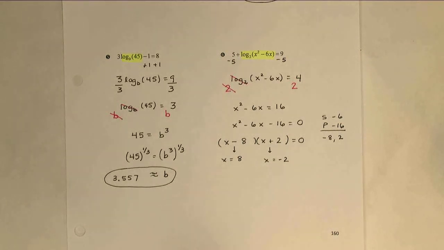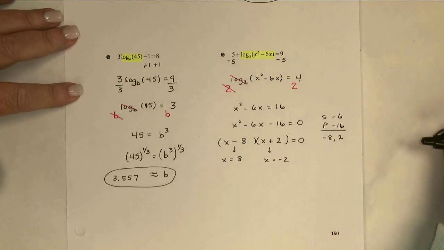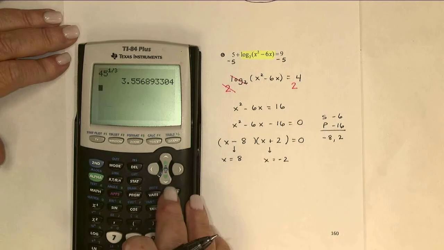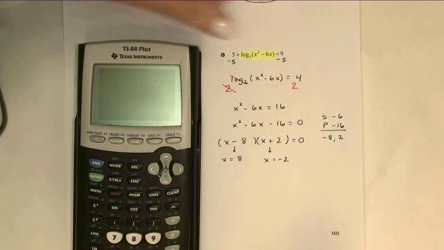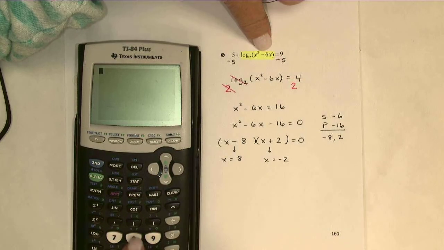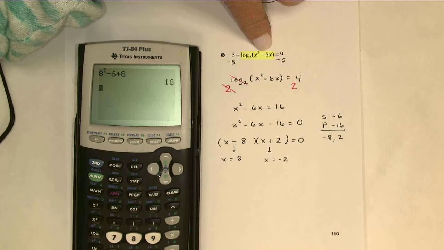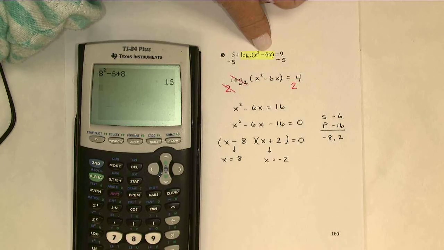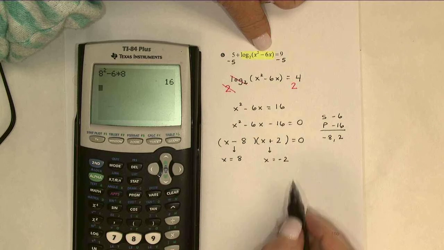If I were, I'd have to throw that away. So I'm just going to double check real quick. Inside the logarithm here, x squared minus 6x, if I do 8 squared minus 6 times 8, that's positive. That's okay.